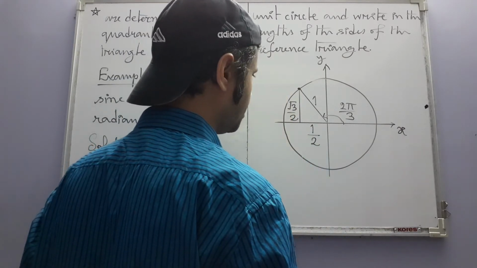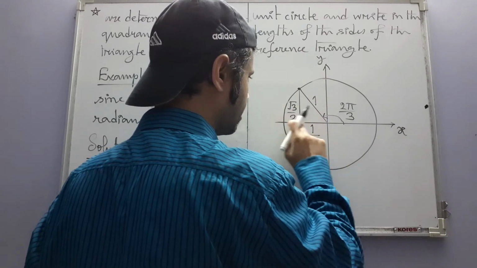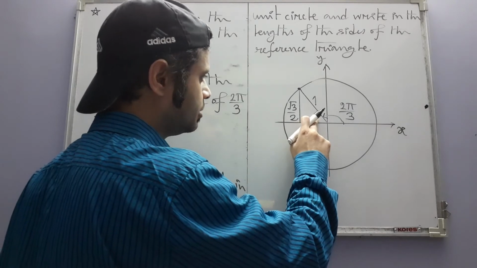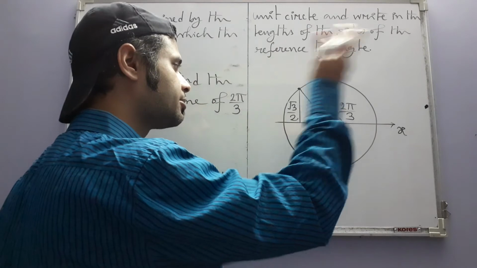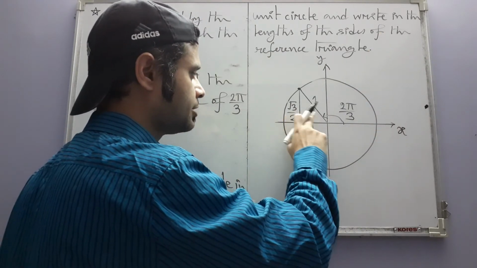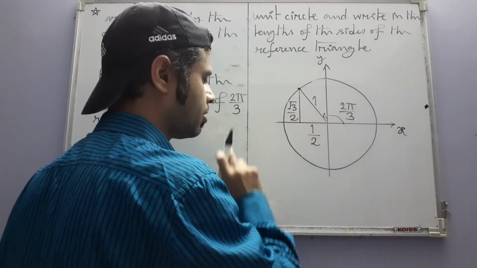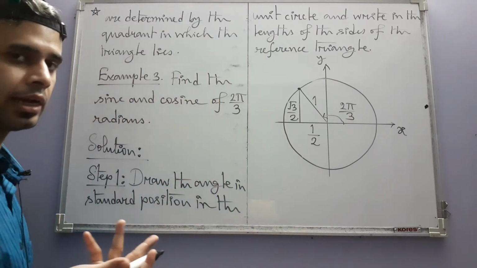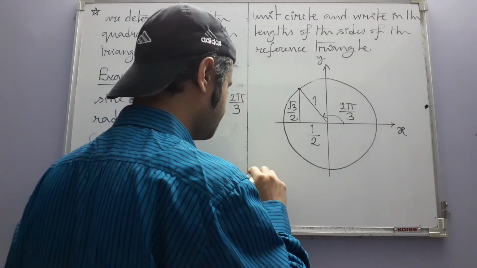I don't think it will be very difficult to determine what these side lengths are from your ordinary trigonometric functions, that is, the acute triangle definition of the trigonometric functions. From that and from those values you can calculate, because you already have them, right?